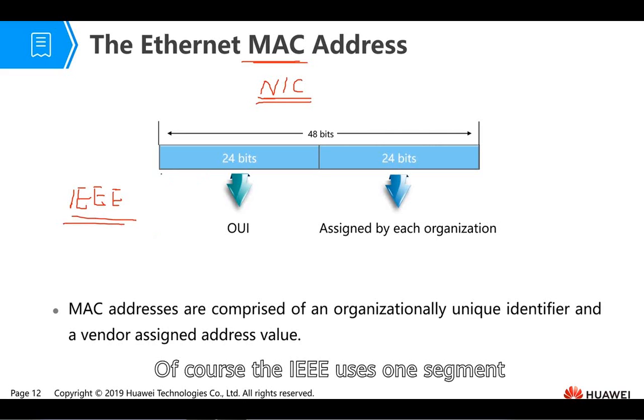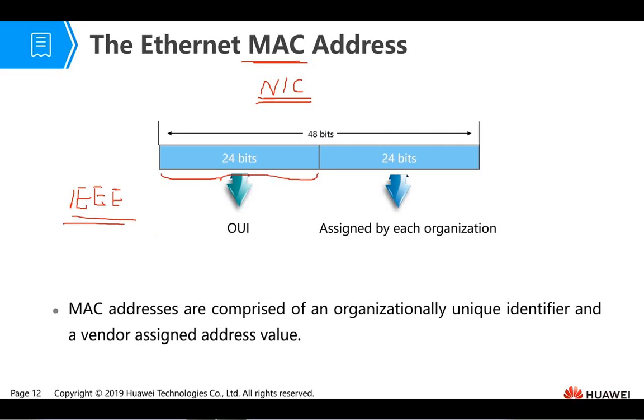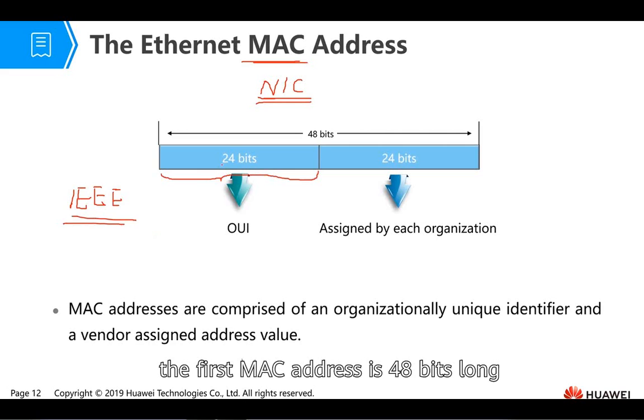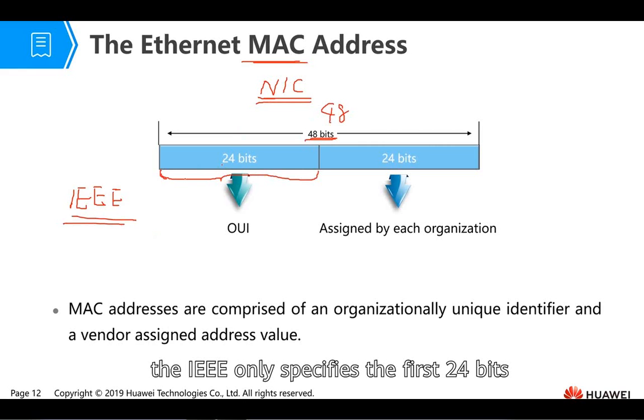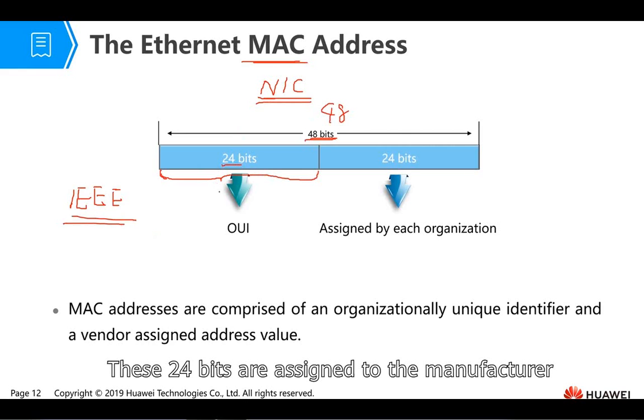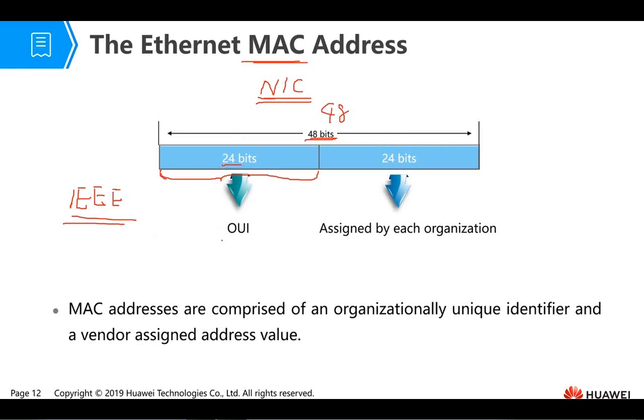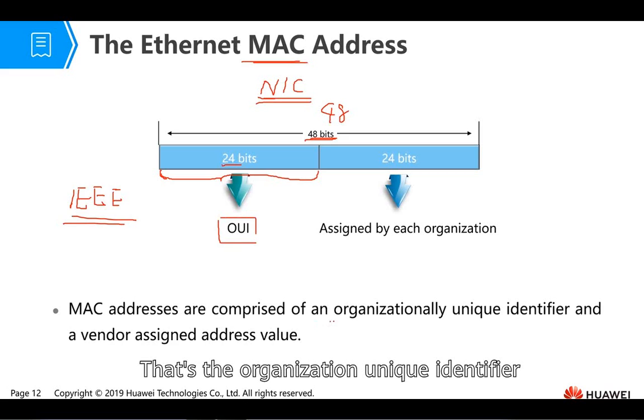Of course, the MAC address is 48 bits long, so the IEEE only specifies the first 24 bits. These 24 bits are assigned to the manufacturer. This is called the OUI, the organization unique identifier.